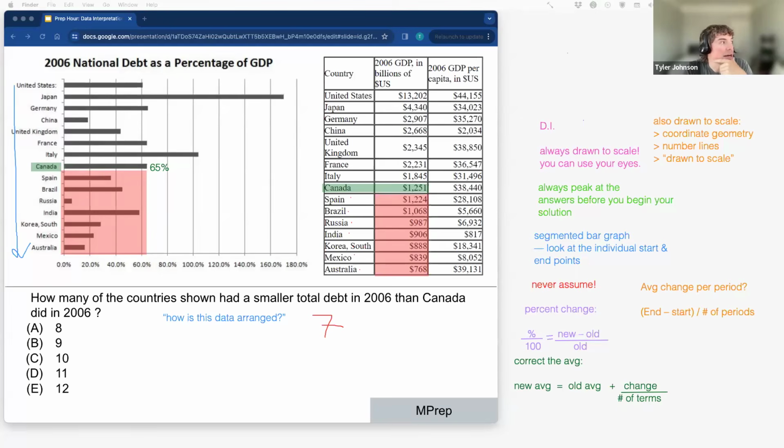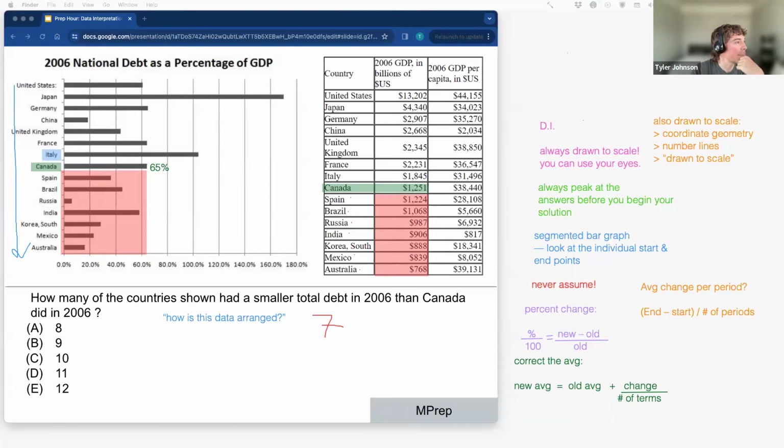Now looking at the others. I know Italy has a huge percent of a bigger value, so that one's going to be bigger than Canada. So I'm not going to count that one.